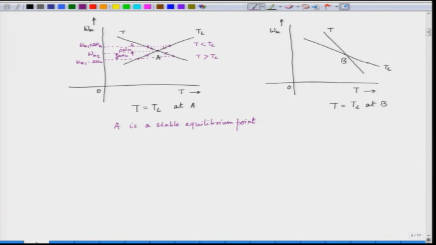If you see this characteristic in this case, which is the intersection of the motor characteristic and the load characteristic, we again give a disturbance. This was originally operating at, let us say, the point here omega m 2 and the corresponding torque here is T 2.